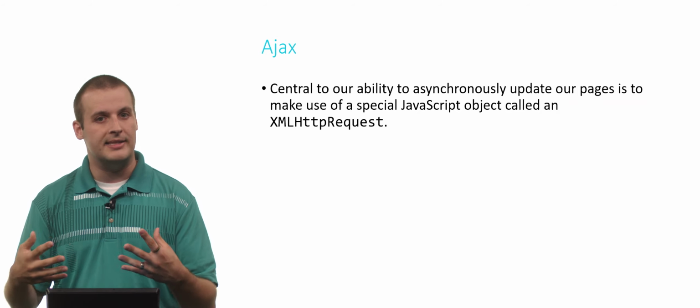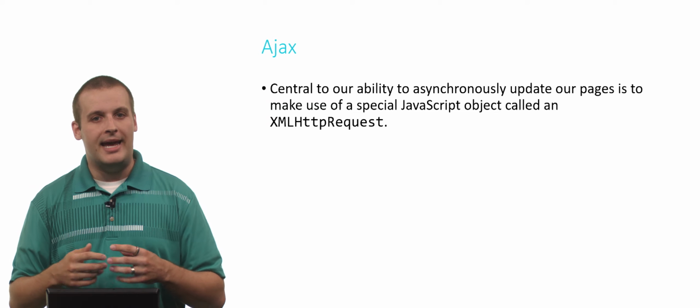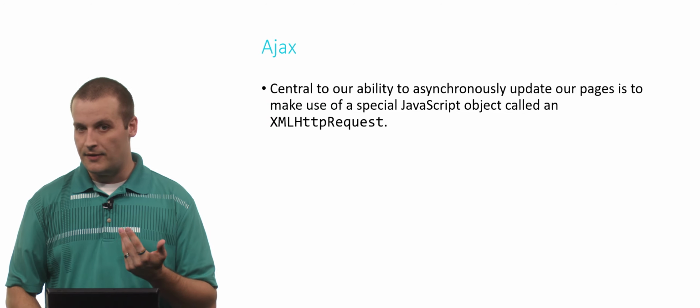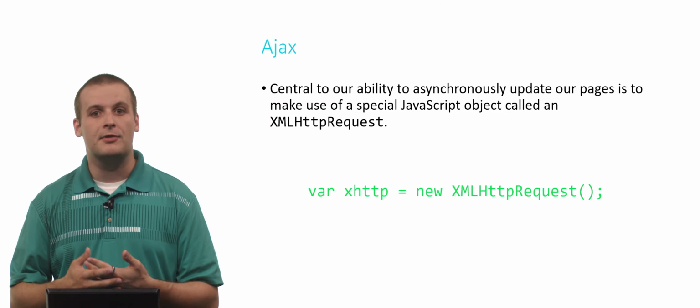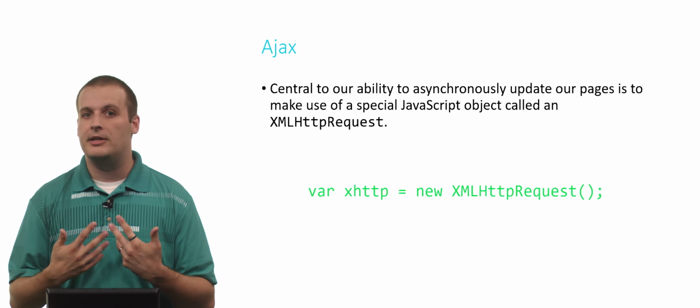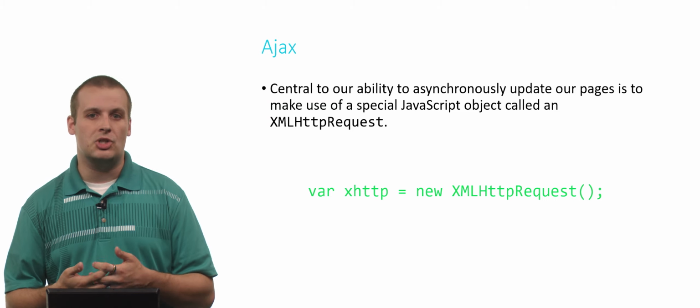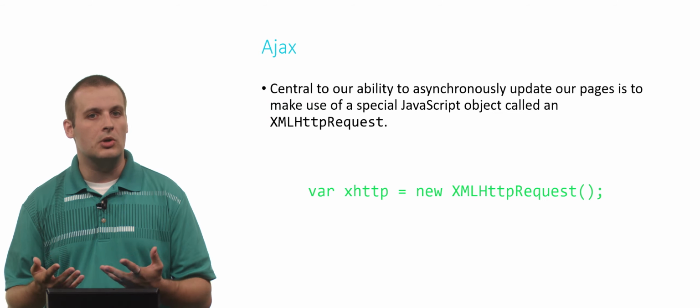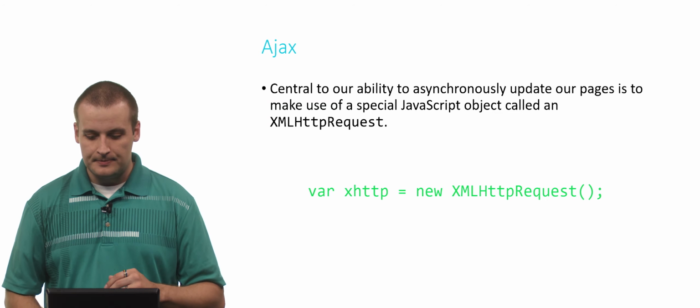That's what we mean when we say asynchronous. It allows us to make an asynchronous request to a server to get more information. It's actually very easy to create this, fortunately. This line, for example, would create a new XML HTTP request object. And in this case, I'm just calling that xhttp and assigning it to a local variable in JavaScript.